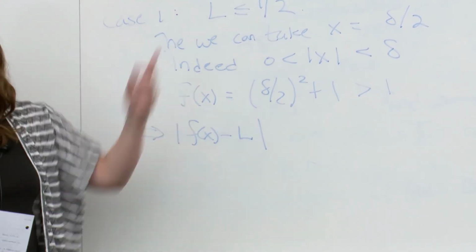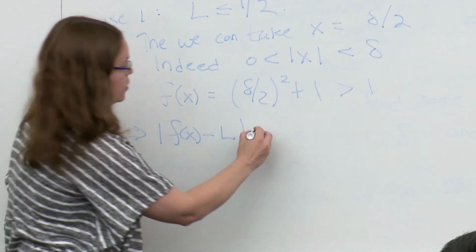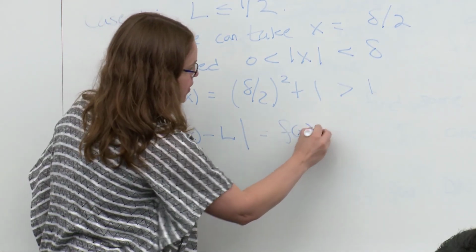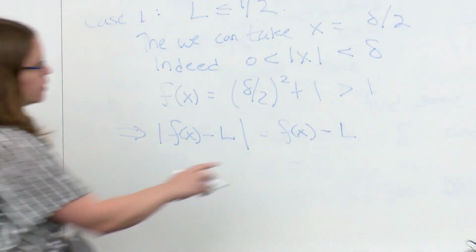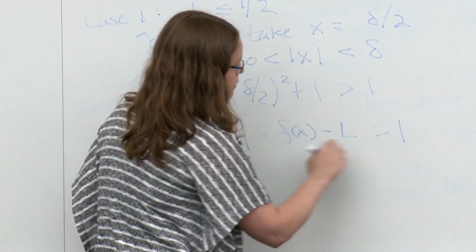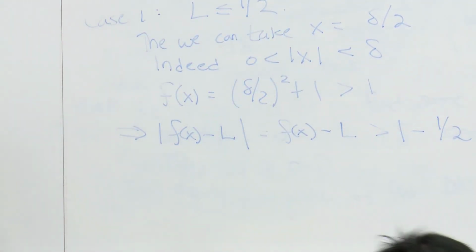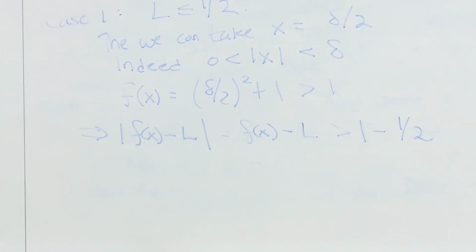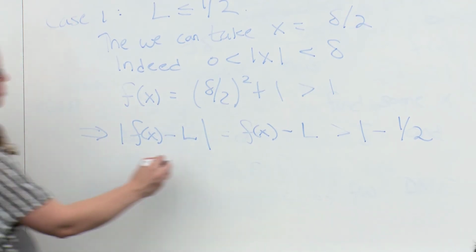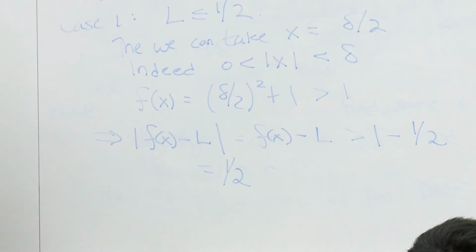L is less than or equal to a half, right? So this term is bigger than this term, right? So I can write this as f of x minus L. I can drop the absolute values. Okay, this guy is bigger than 1. This guy is less than a half. So we know that this distance is bigger than or equal to, it's bigger than a half, which was my epsilon.